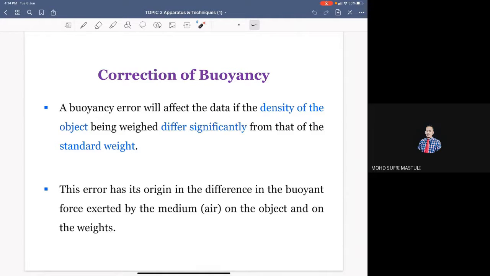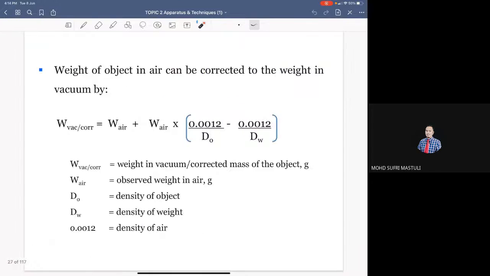Buoyancy error normally will affect the data if the density of the object being weighed differs significantly from the standard weight. This error has its origin in the difference in the buoyant force exerted by the medium, normally air, on the object and on the weight.